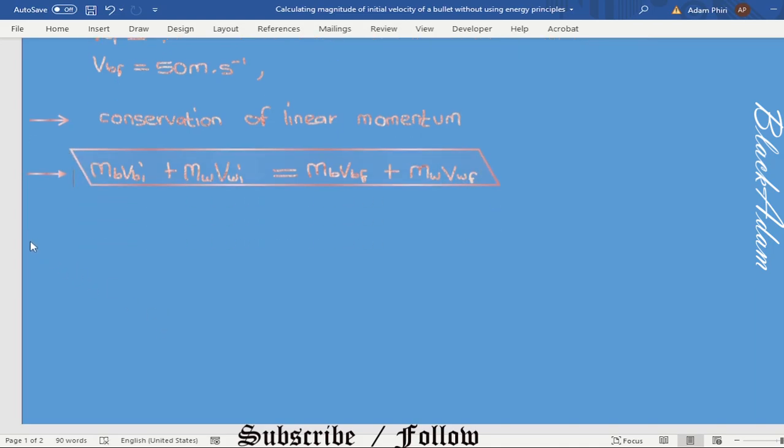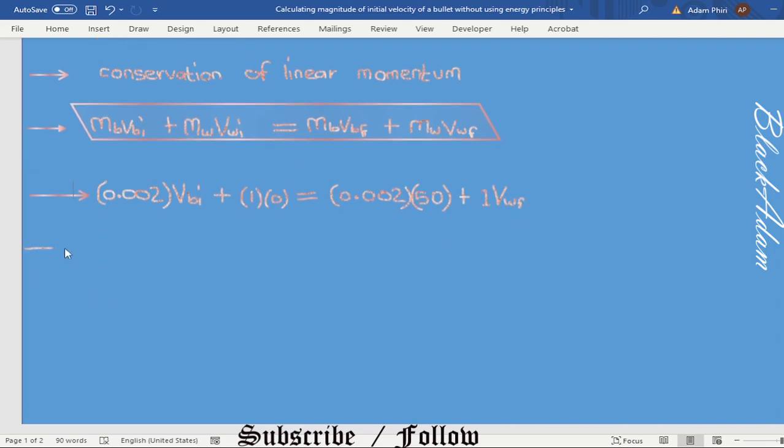We have that sorted out, so now we substitute all the information. We substitute 0.002 times the initial velocity of the bullet, plus 1 kg for the wood times its initial speed, which is 0 since it was stationary, equals the mass of the bullet, 0.002, times its velocity after collision, 50 meters per second, plus the mass of wood, 1, times the final velocity of wood, which is unknown.